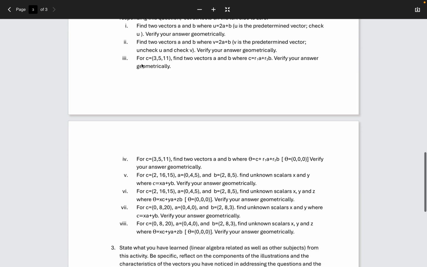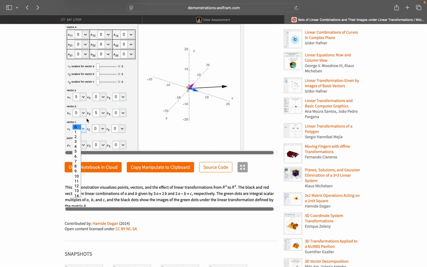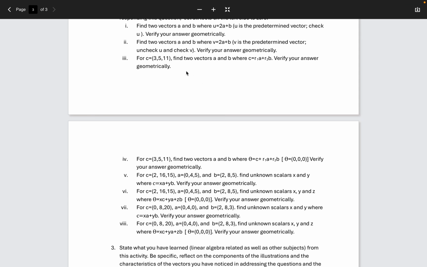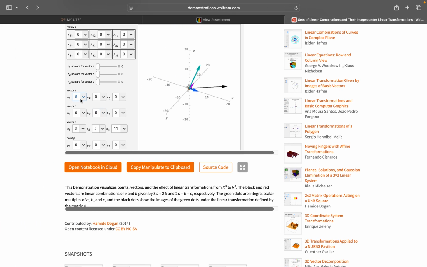Let's get to the next one. So for C, 3, 5, and 11. So this is our C vector. Two vectors A and B where C are 1 times A and are 2 times B. We can just multiply by 1.